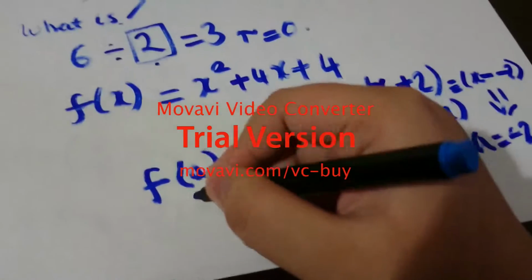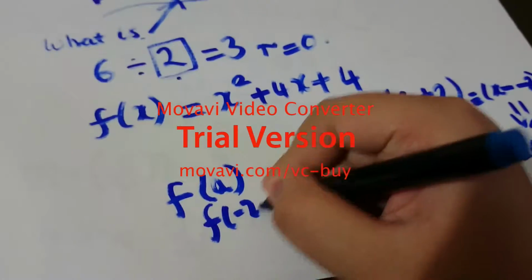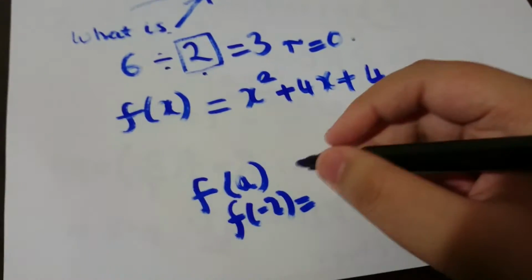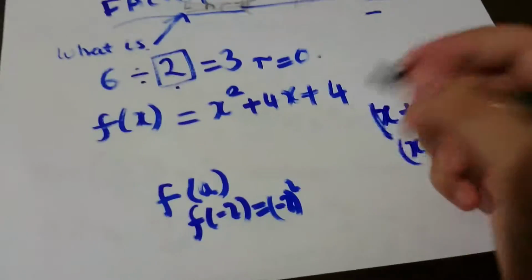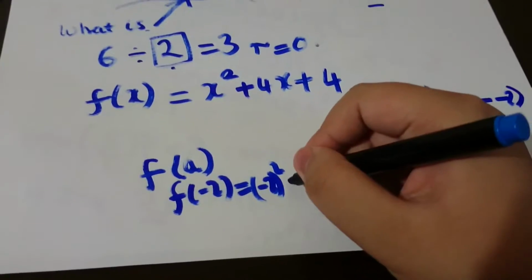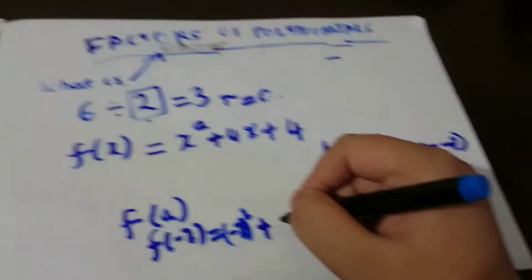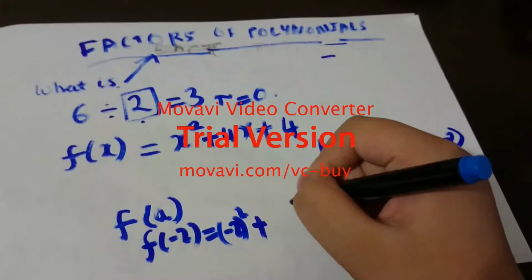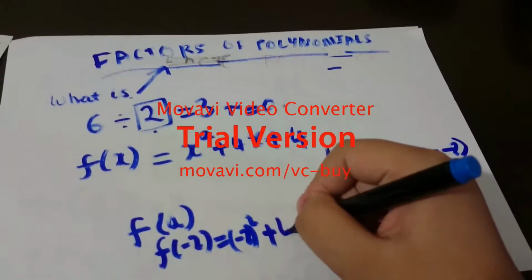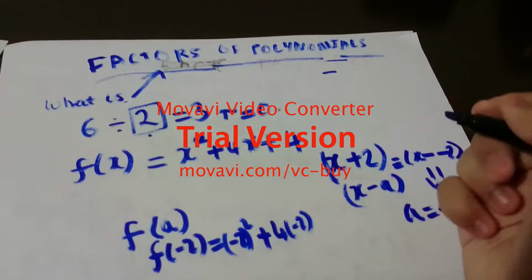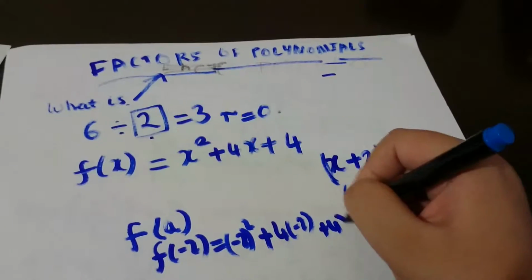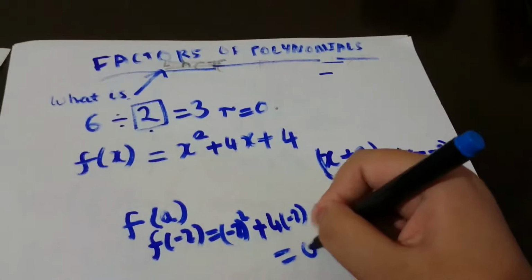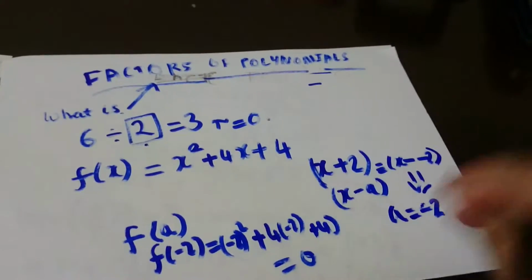So in this case, we have our f of negative 2 equaling, let's say, negative 2 squared, and we know that's going to be 4, plus our 4 into minus 2, which will be minus 8. And then we have a plus 4. Overall, if we check, this is 0.